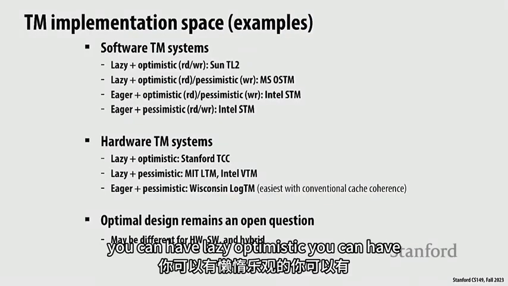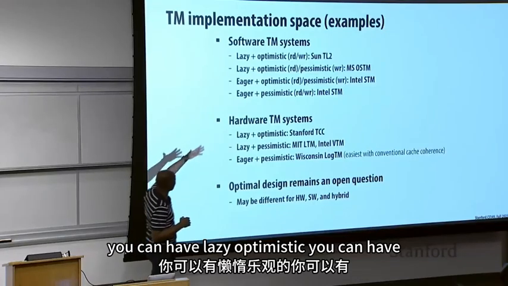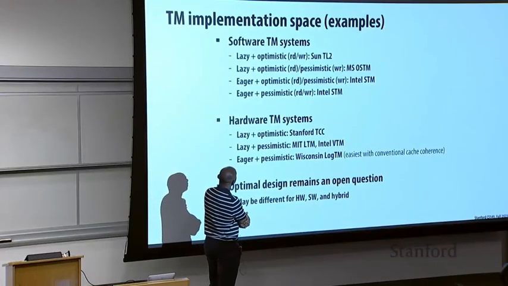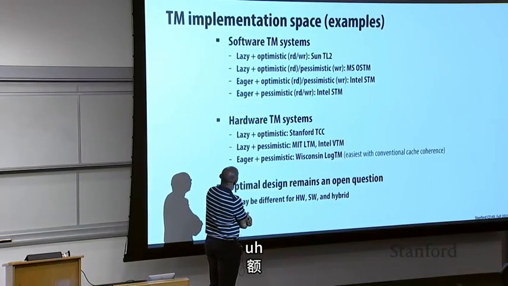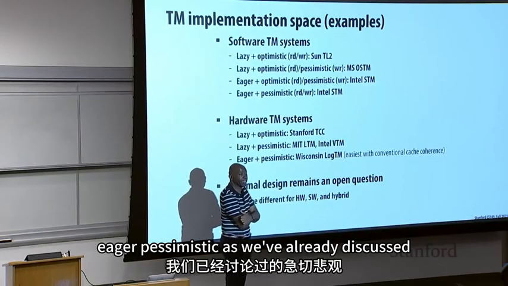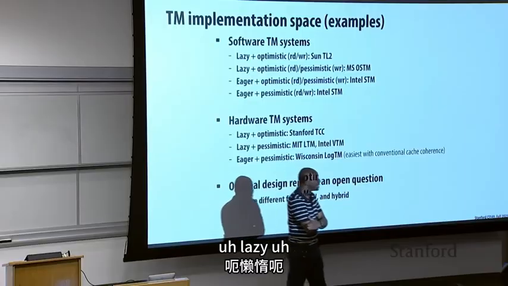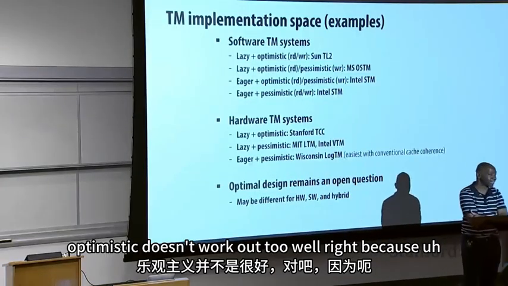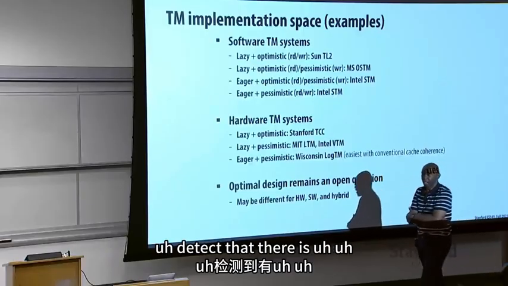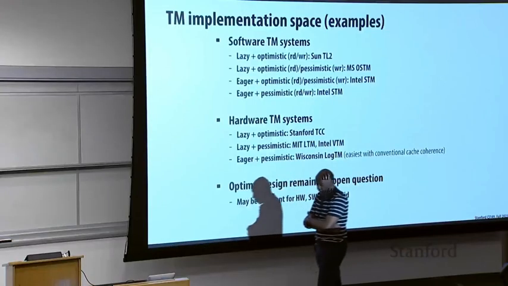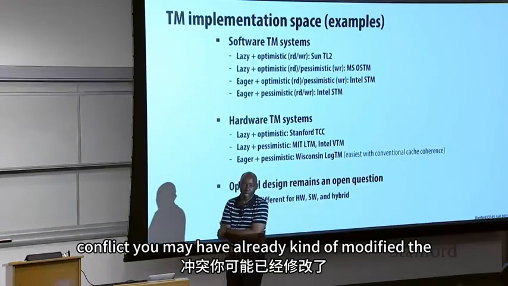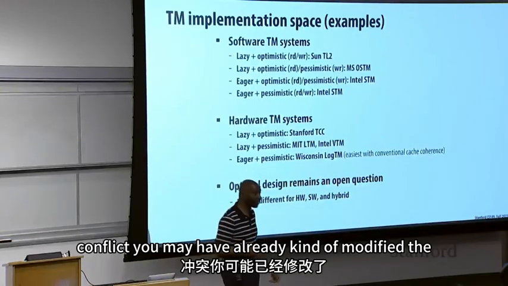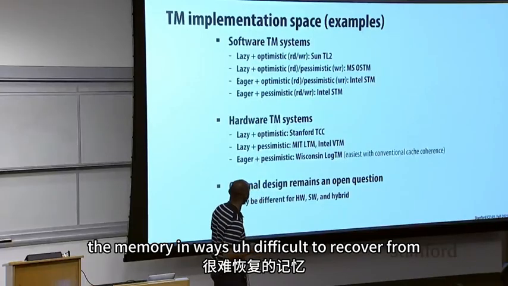So you can have lazy optimistic, eager optimistic, eager pessimistic. As we've already discussed, eager optimistic doesn't work out too well, because at the point at which you detect that there is a conflict, you may have already modified the memory in ways that are difficult to recover from.